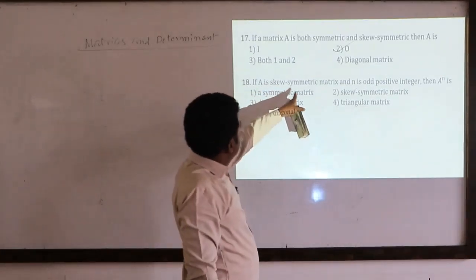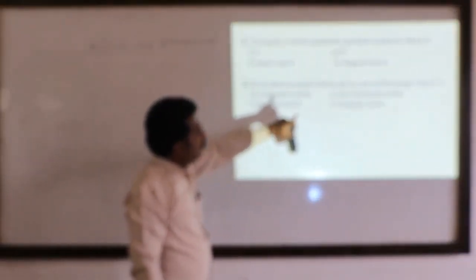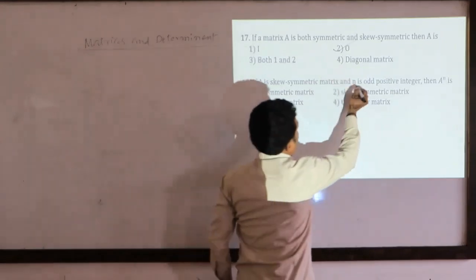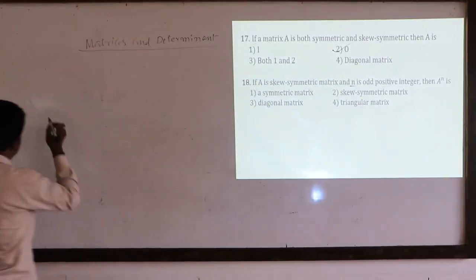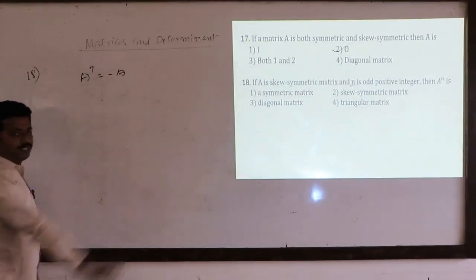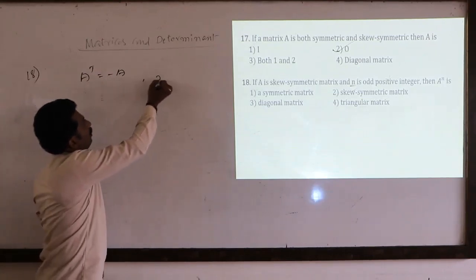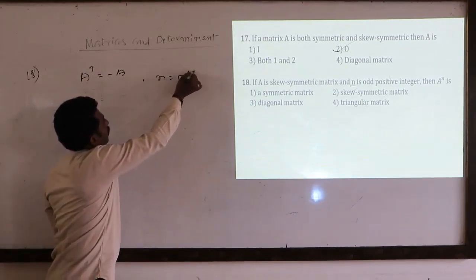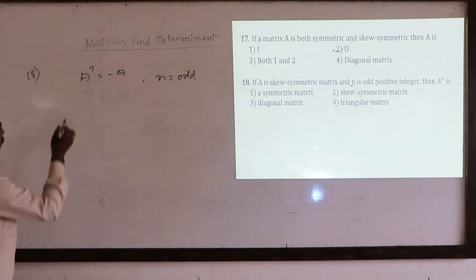Next, if A is a skew symmetric matrix and n is an odd positive integer, then A to the power n is... So you remember, A is a skew symmetric matrix, so A transpose equal to minus A. Here they are asking any odd positive integer n. Then what is A power n?